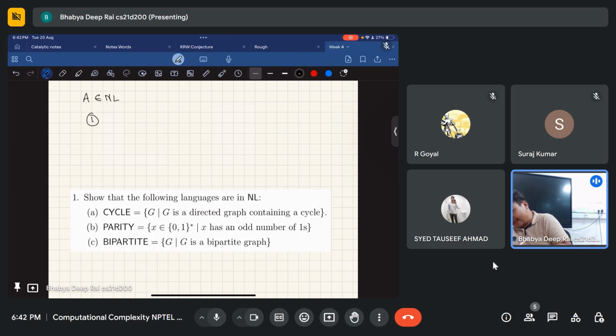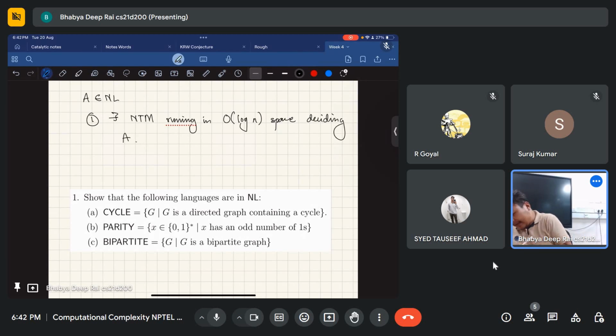Then the first definition is that there is a non-deterministic Turing machine running in log space, deciding the language.